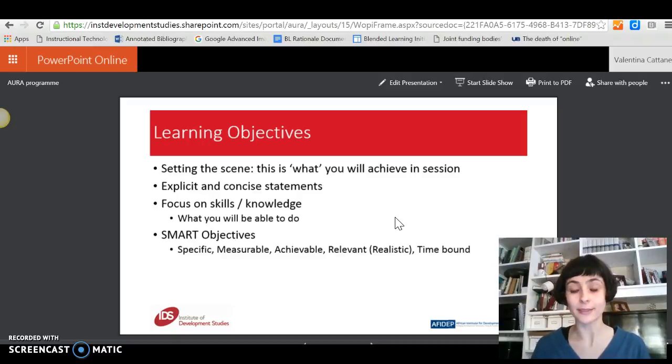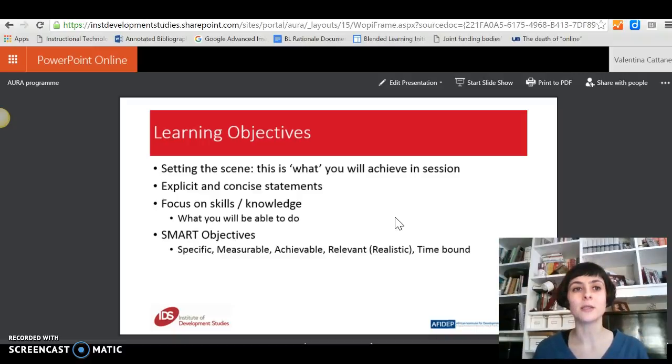It should be achievable, so not so far beyond a learner's capabilities. And it should be relevant, realistic, so in a way within the learner's reach, as well as time-bound.